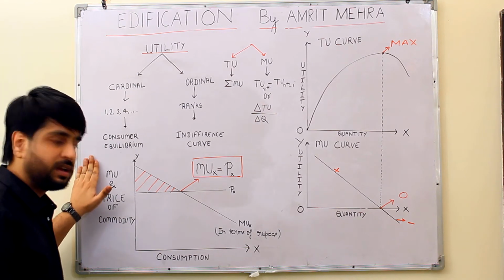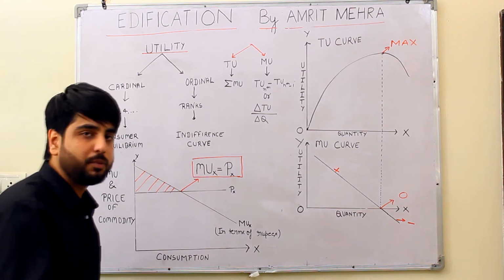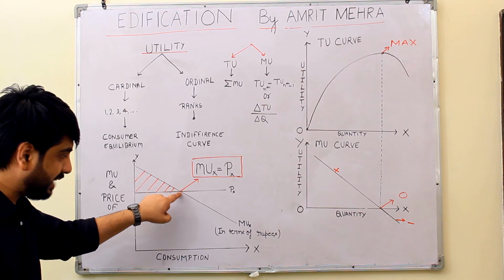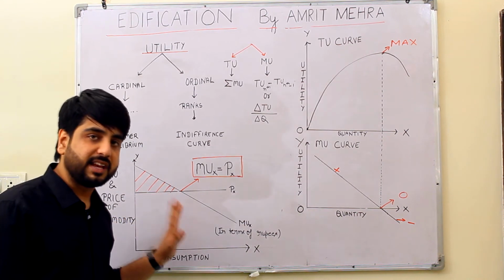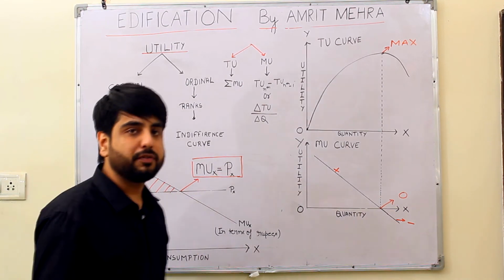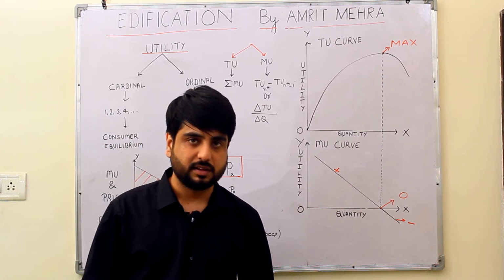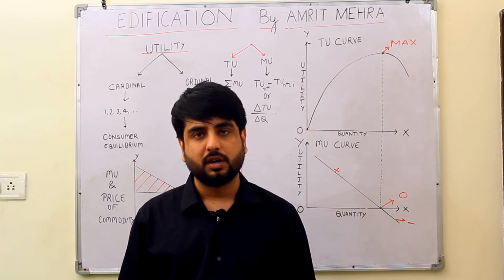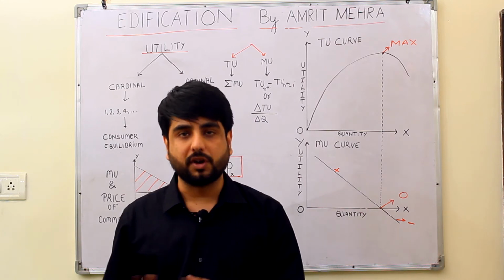It is showing that marginal utility is falling down. As we consume more commodities, the marginal utility is falling down, but it intersects with the price line at a particular point. This point of intersection where MUX is equal to PX is the point of equilibrium under consumer equilibrium analysis. But you have to remember that consumer equilibrium has to be understood for a single commodity and then for dual commodity case.